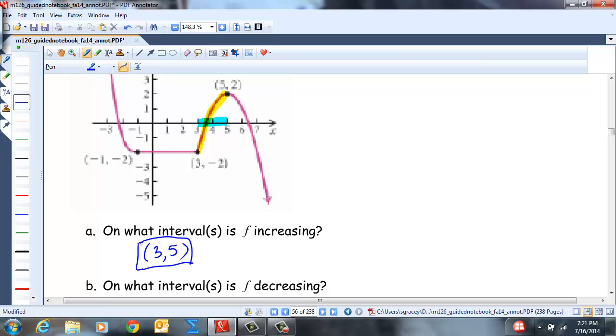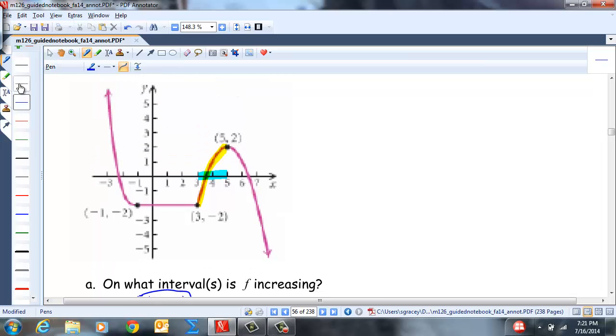Okay, how about decreasing behavior? We'll do decreasing in green, I guess. As the graph is going from left to right, do you see? It stops right there. And then again, it's going to decrease over here. So the x values where that's happening are going to be from minus infinity to... I'm trying to figure out which colors I should use, because this is different stuff.